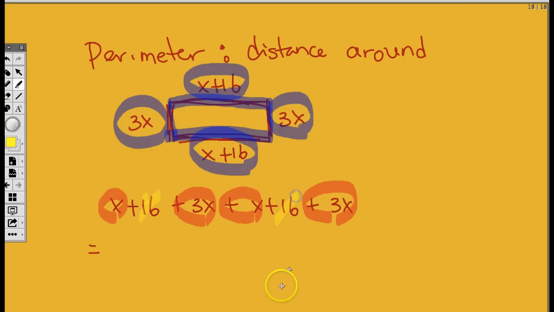The 16 and the 16. Okay, so let's go. X plus 3x plus x. All I have to do is put the x and then I go 1 plus 3. That's 4. 4 plus 1 is 5. And 5 plus 3 is 8. Hey, that's 8x, okay? And so now I gotta add the yellow stuff together, which is 16 plus 16. And that's going to be 32.